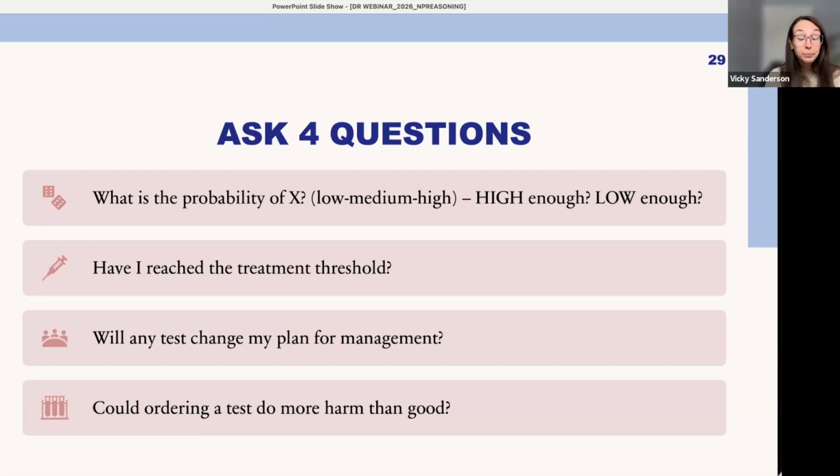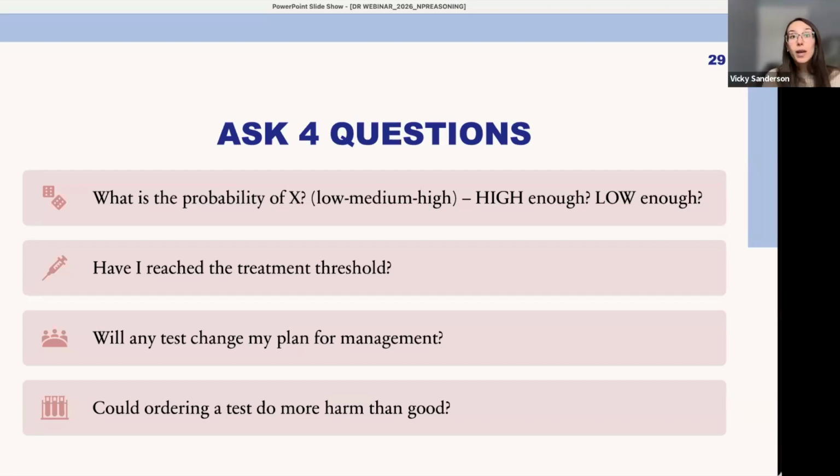And then lastly, another thing to ask ourselves is, could ordering that test do more harm than good? So always weighing the risk benefit of ordering that test. Harms can come in physical forms. Of course, if we're doing a procedure, it can cause things like infection, bleeding, scarring, but also those psychological harms that we really have to weigh heavily.